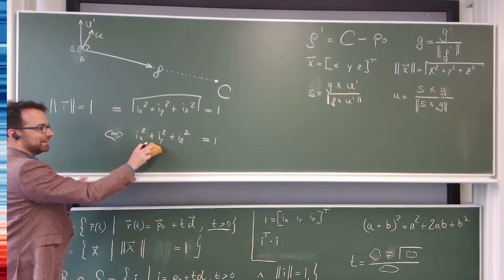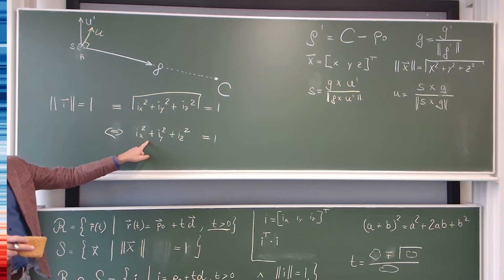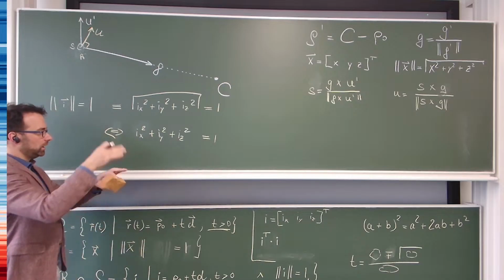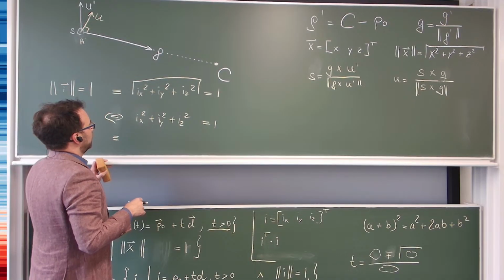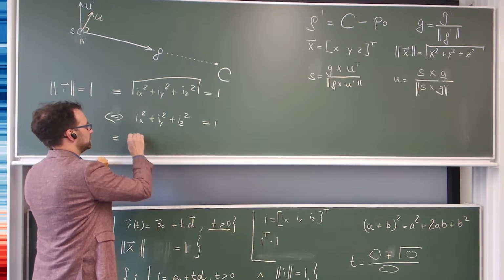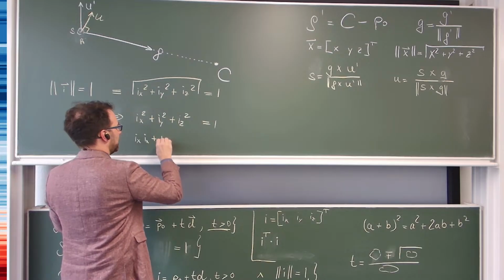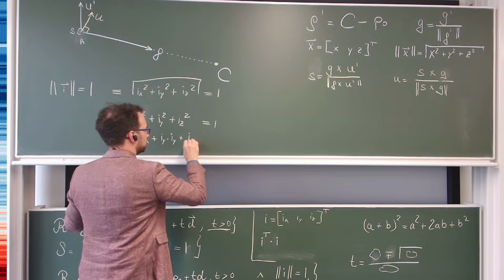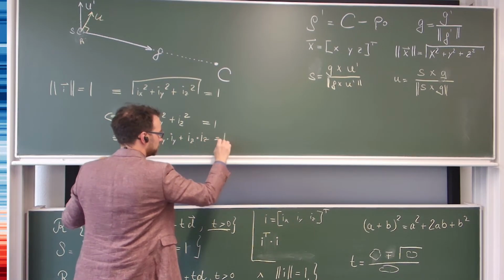And then this again requires you just noticing that this is a scalar product, where you say this is again now the same, that is not an equivalent, how do you call this in English? Transformation of the equation. This is just ix times ix plus iy times iy plus iz times iz equals 1.